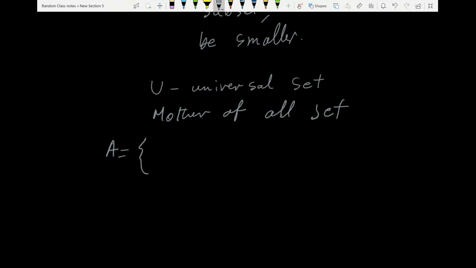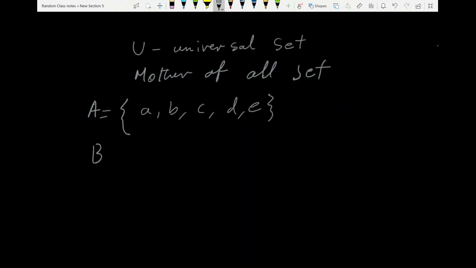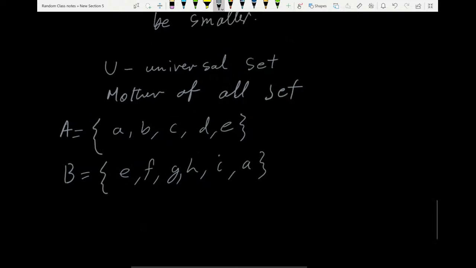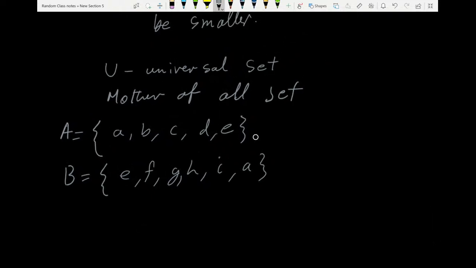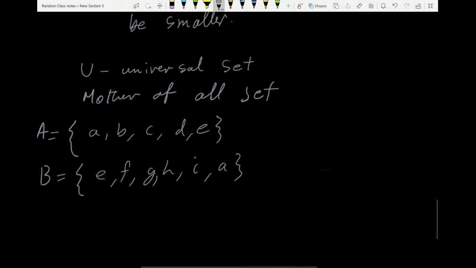Let's call this A: A, B, C, D, and E. And B is E, F, G, H, I, A. The universal set will include both of these sets, and it could have some more.